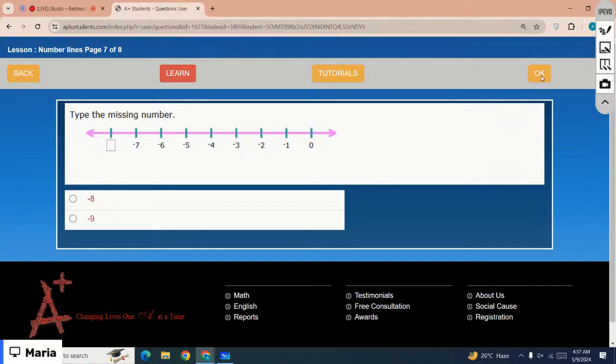Type the missing number. Negative 8 it is, right?